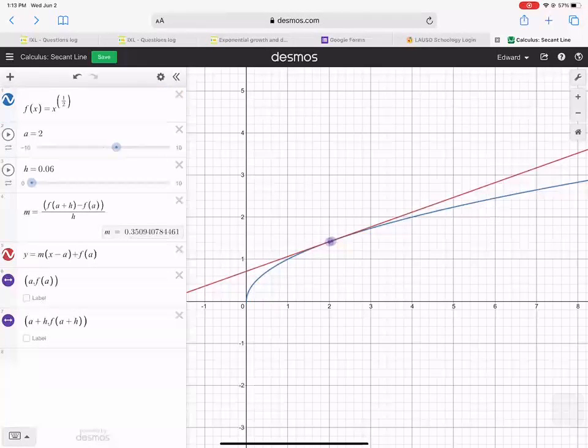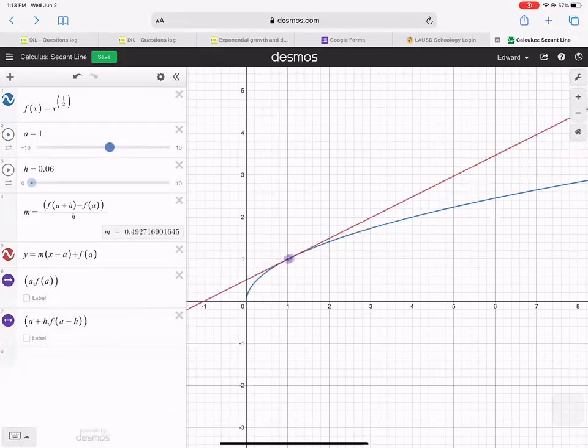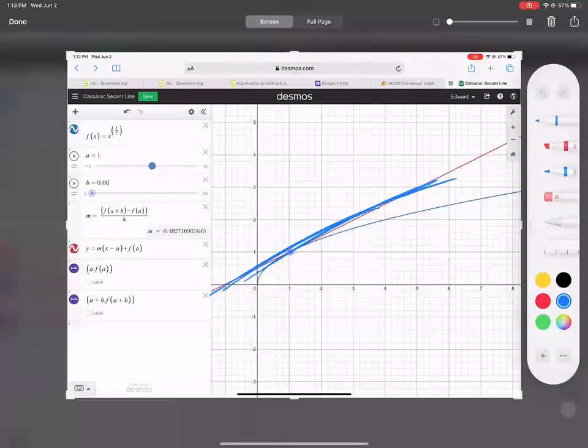I used 0.06. Now let's take a look at whether my slope is really 1 over 2. We're going to change it to 1 right here. Okay, here we go. Looking at this red line, that's the line we're trying to find the slope of. It's 1 over 2. That's exactly what we were hoping for.